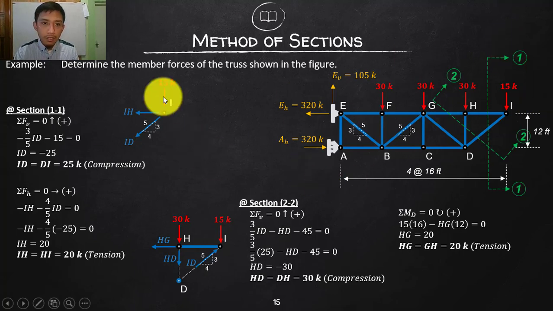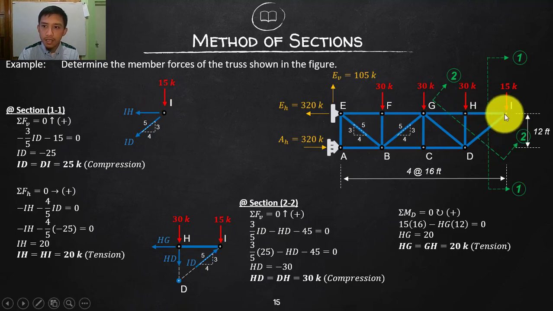Okay, so this one, so you will now expose your HI, IH, and then ID, and then you will include that 15, that is at joint I. So if I will summate forces vertical, going up positive, by the way, the slope is the same, just like again our solution previously.